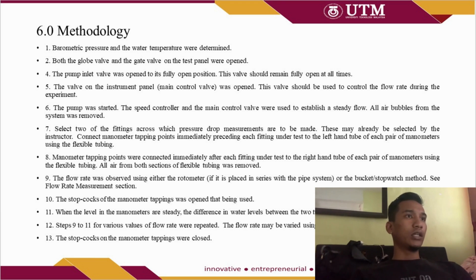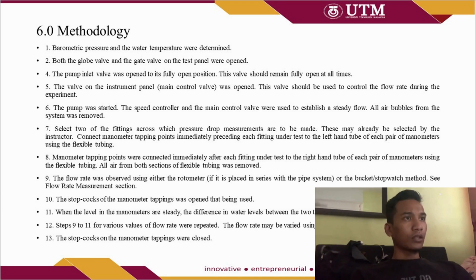Number 5, the valve on the instrument panel, the main control valve, was opened. This valve should be used to control the flow rate during the experiment. Number 6, the pump was started. The speed controller and the main control valve were used to establish a steady flow. All air bubbles were removed from the system.